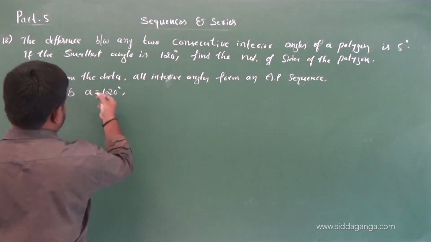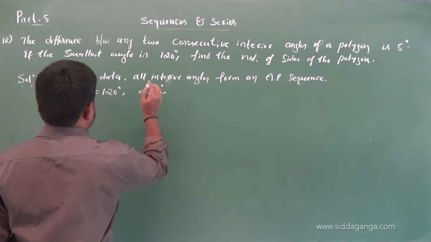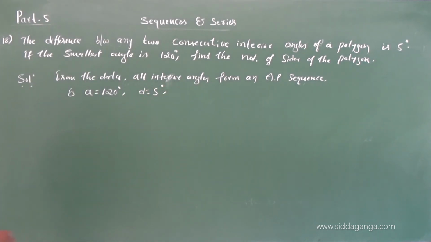And let me take the first angle, the smallest angle, as 120 degrees, so A is 120 degrees and D is 5 degrees. You have to find n. Okay, now let us use the concept.